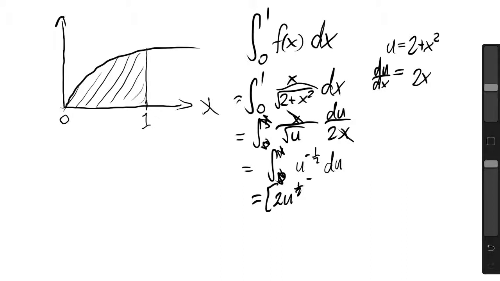So this whole thing, I need to put in the boundaries, and before I put in boundaries, I substitute in the formula of u, which is 2 plus x squared. And now I can just use the original limits, so that saves you a bit of calculation.